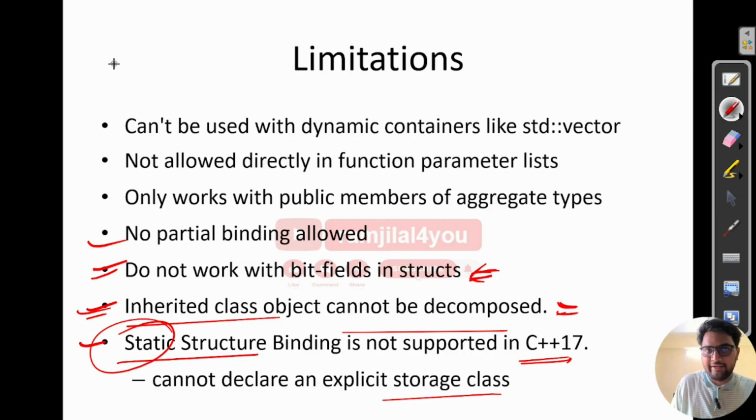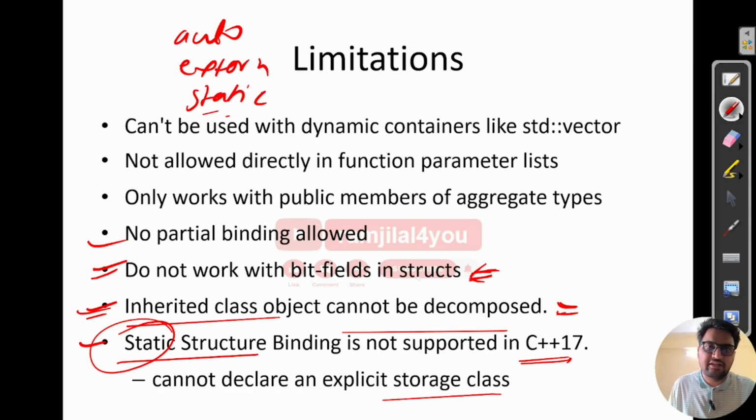And auto is also a storage class: auto, extern, static, and register, which I think is deprecated. So these are the storage classes. I have already created one video related to storage classes, so please go through that video. I have explained each and every aspect there with examples.